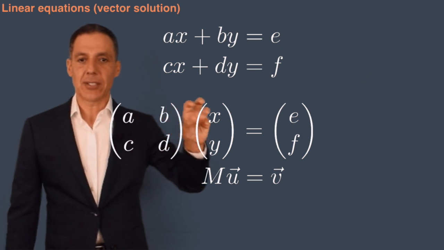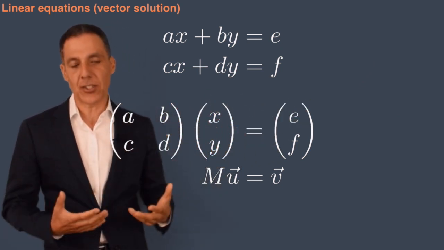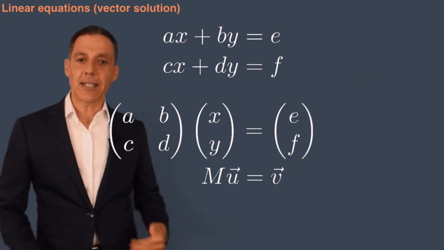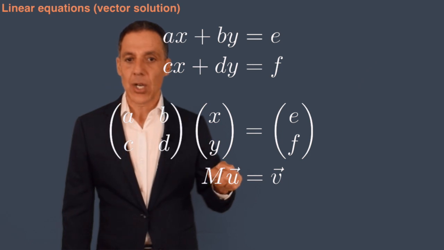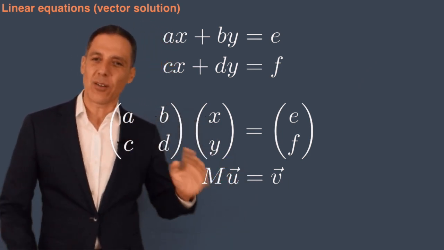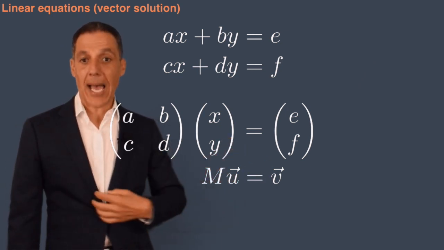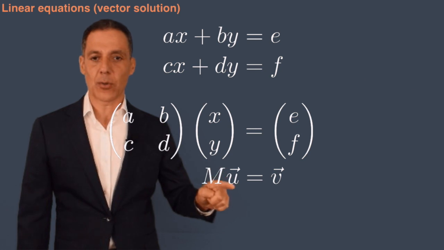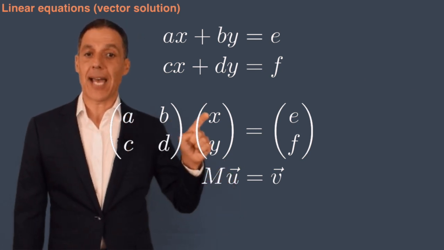Okay, so let me just add a little bit of notation on top of this. I have a matrix times a vector is equal to a vector. There are different conventions in different fields. I like the convention of representing a vector by a lowercase letter with a little arrow above it. Sometimes you will see that bold-faced. I don't like that as much because sometimes it's hard to tell if something is bold-faced. So typically what you will see in this class is a lowercase letter with a little line over it, reminding me that it's a vector and not a scalar.